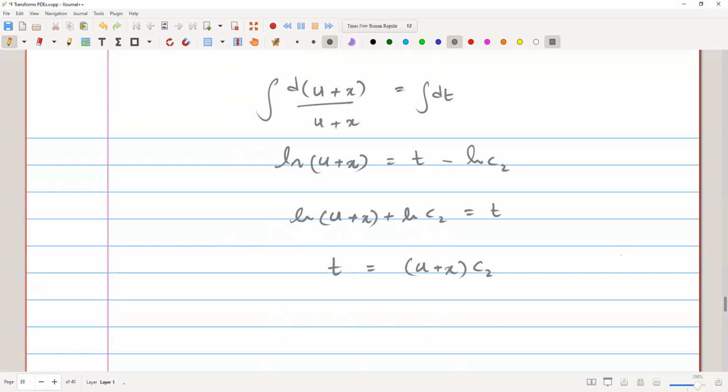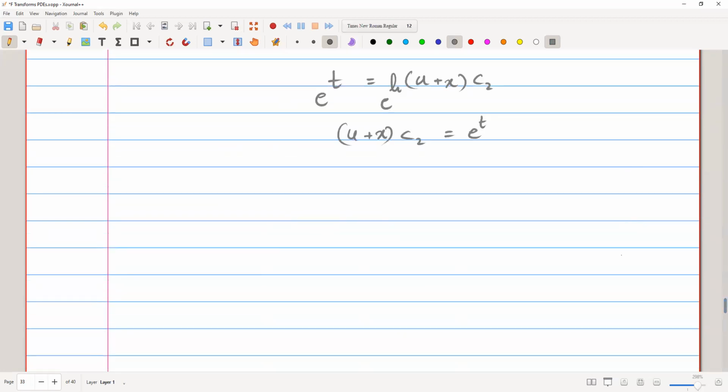All right, so again, this is ln. Now we are going to take the exponential to get rid of this ln, so we will get u plus x times c2 is equal to e to the power t, and then with some more algebraic manipulation, we can get that u plus x times e to the power negative t equals 1 over c2.